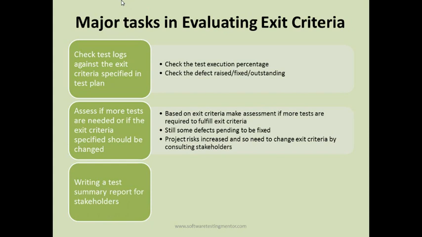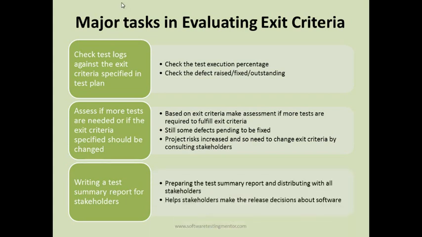Then writing a test summary report for stakeholders. That's another task in evaluating exit criteria. So you write the test summary report for the stakeholders, preparing it and distributing it to all the stakeholders, which helps them make the release decisions about the software.